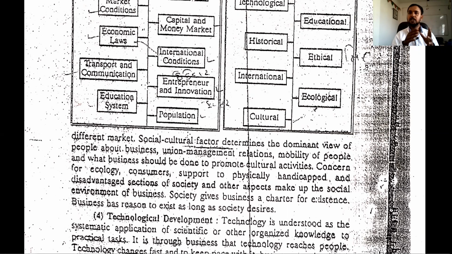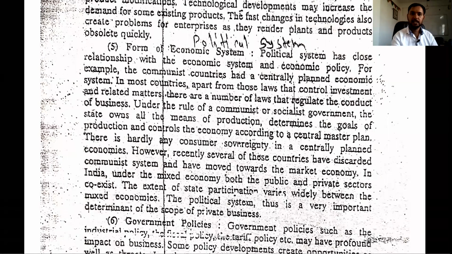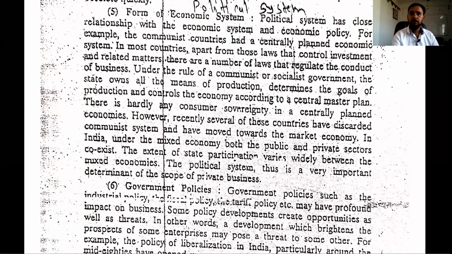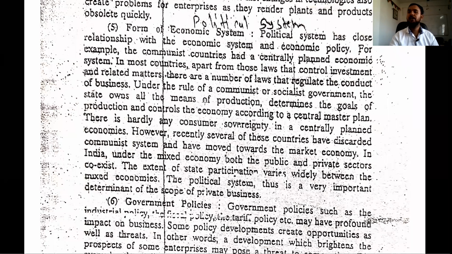So technology directly affects the firm or the company, so they need to be adjusted to it. Now we have the next factor, that is the political system. Political situations always change in the country. When a new government comes, it will have new policies about the people, about the companies, about business, about the banking system, about the insurance system.